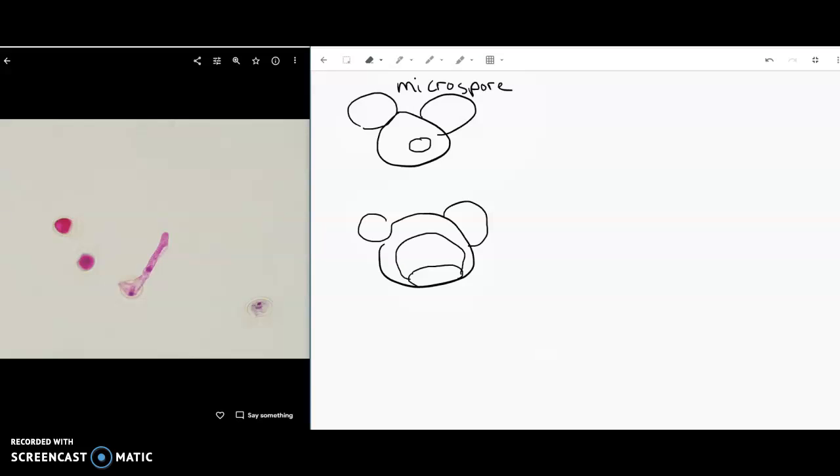And so we'll usually see those large air bladders, and then the generative cell or the sperm cell, and the tube cell. The tube cell tends to be the larger of the two.